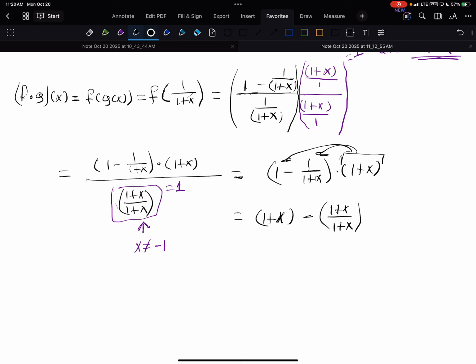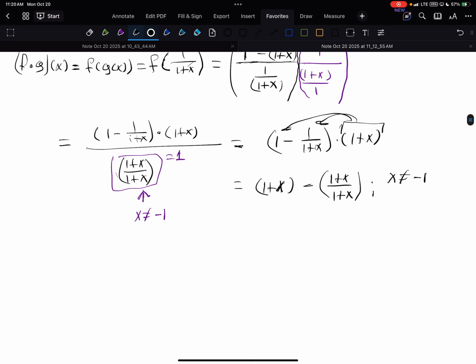Well, again, that's going to equal 1, but I have to carry along the idea that x cannot equal negative 1. If that equals 1, what do I really have? I have 1 plus x minus 1, with x not equal to negative 1. I'm really getting just x out of this whole thing.